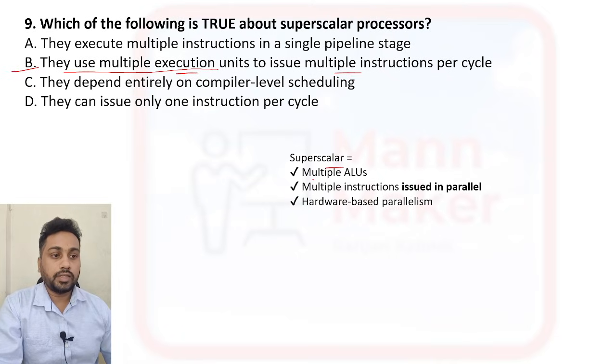Superscalar also has multiple ALUs, multiple arithmetic and logical units. Multiple instructions can be issued in parallel, and a hardware-based parallelism mechanism is available in superscalar. So from here you can say option B, they use multiple execution units to issue multiple instructions per cycle, is your right answer.